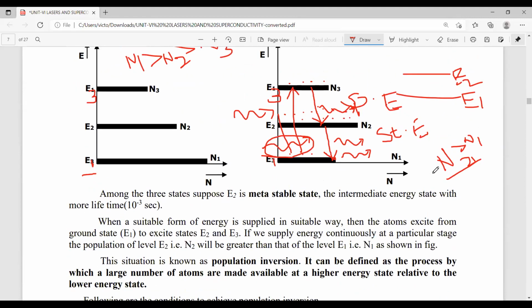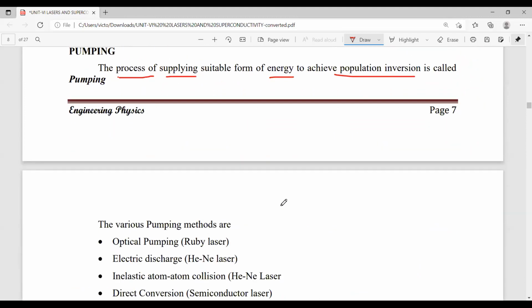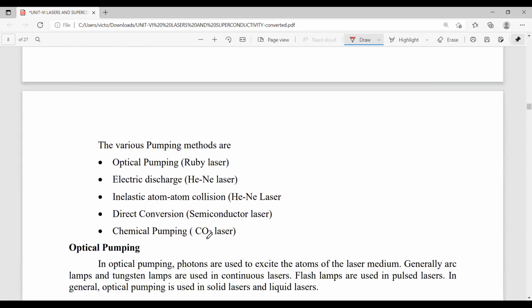So what is population inversion? Normally, the population is N1 greater than N2. Population inversion is N2 greater than N1. This exists only by supplying a suitable form of energy. This process is called pumping.